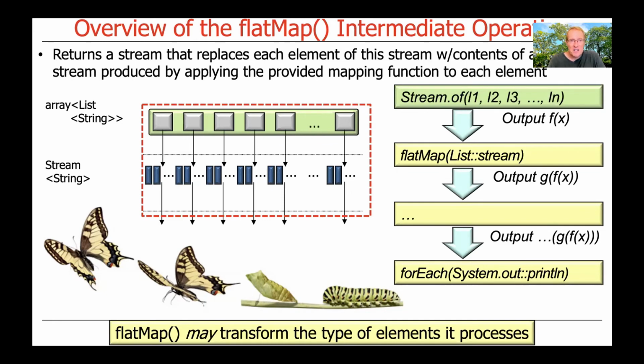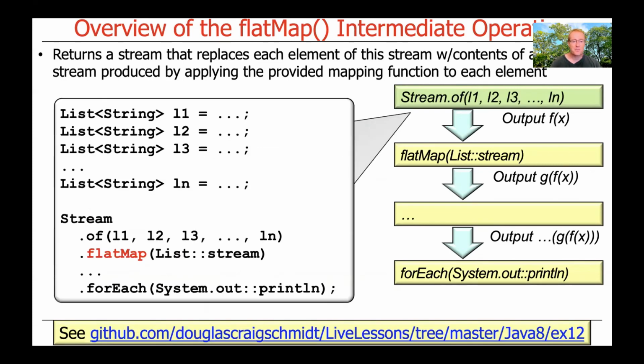When it flattens them out, it comes back with the null list, and the null list is then ignored. So that's how you can end up with fewer elements than you had as input. If everything that comes into flatMap is a structured collection with nothing in it, you'll end up with fewer elements coming out when you are done applying the flatMap operation.